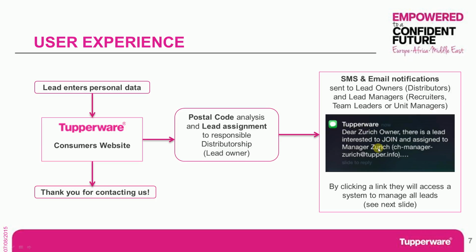The SMS will also contain basic personal data like the name and the phone number, so you can immediately contact that person. If that person says, okay, I will join the next meeting, let's say next Monday, you can click that link and change the status immediately from new to contacted or something else.